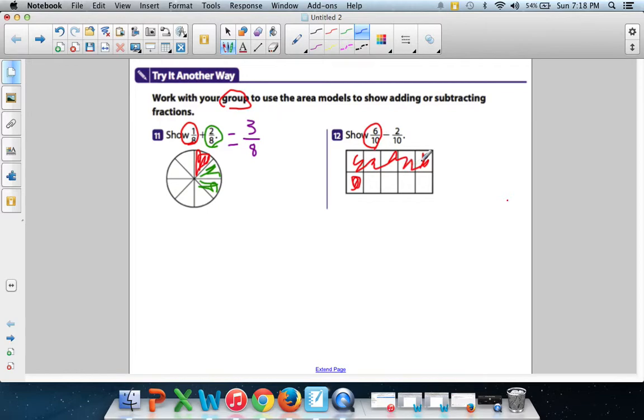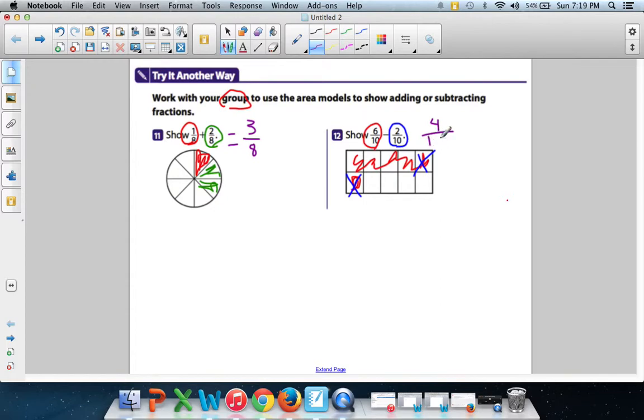We have 6, and now we're going to use blue X's to subtract 2 of them, 2/10. So 1 and then 2. How much does that leave us with? That leaves us with 1, 2, 3, 4/10.